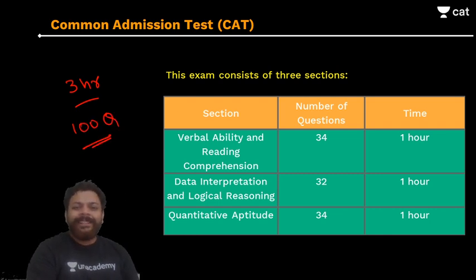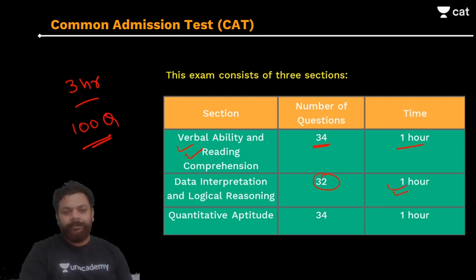And there are 3 sections: verbal ability and reading comprehension, which is known as VRC. 34 questions will be there. Time allotted will be 1 hour. Second section is DILR, which is data interpretation and logical reasoning. And 32 questions will be there, and time allotted is the same, 1 hour for each of the sections.